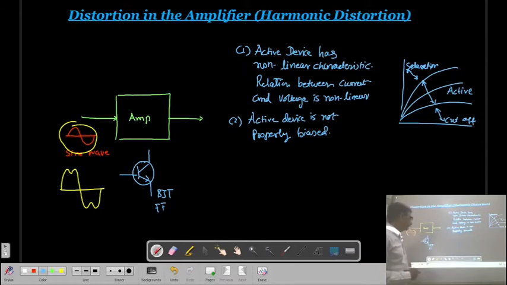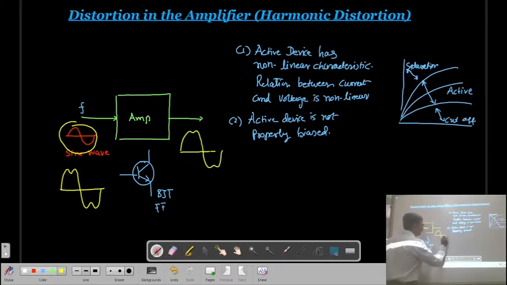Now remember, when we apply a signal, let us say the frequency of the signal is f. Then my amplified signal, suppose, is a distorted signal, and you have this kind of signal present.